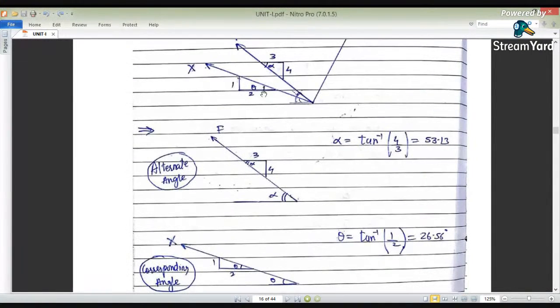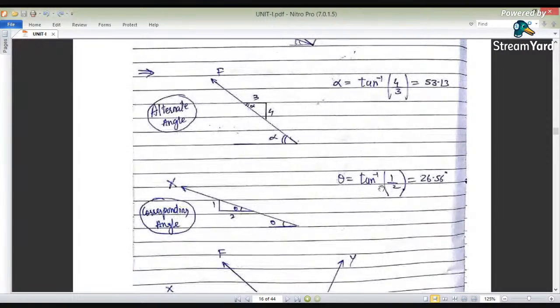Again theta, so this x axis is making an angle of theta. We can find this theta, corresponding angles, again opposite upon adjacent. With the help of this we can find the value as 26.56. So this x axis is making an angle of theta, which has a value of 26.56.